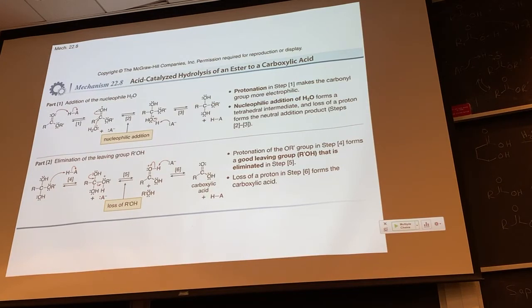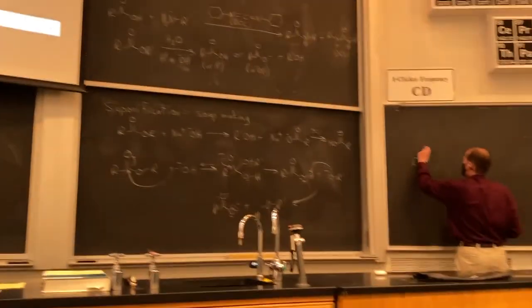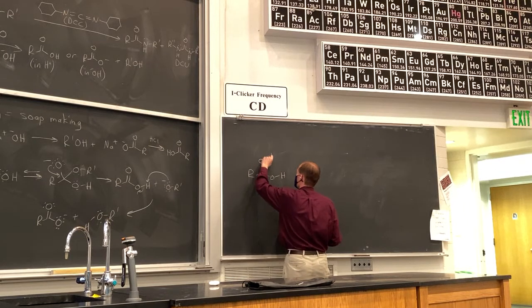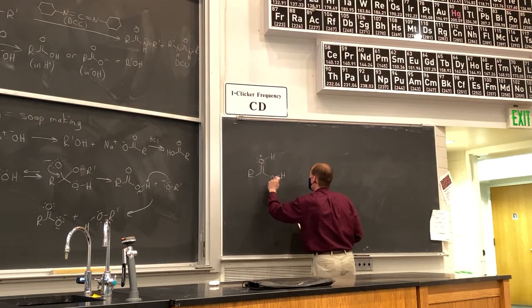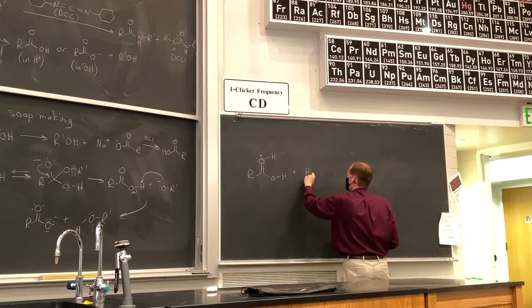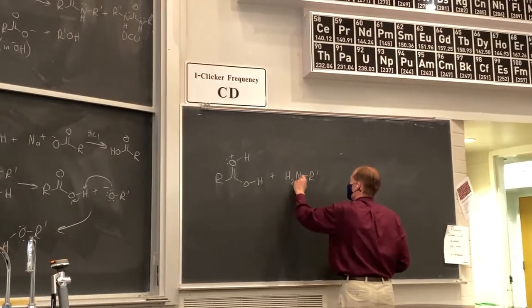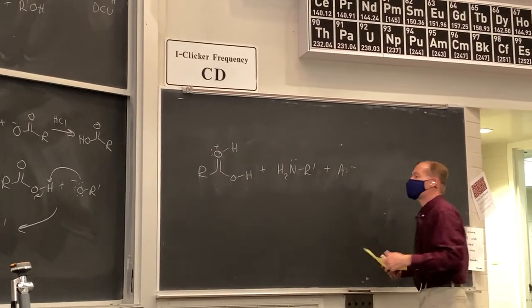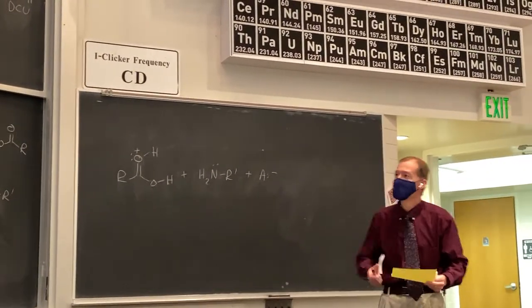But here's where it gets different. Okay? So when we eliminate out that nitrogen, we're going to have the conjugate acid of our carboxylic acid. We're going to have our amine, and then we're going to have our conjugate base. Okay?